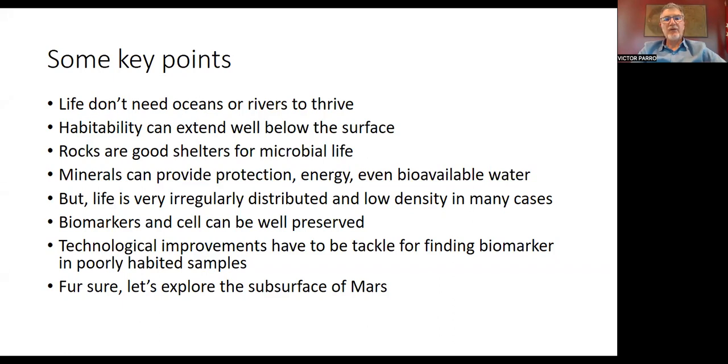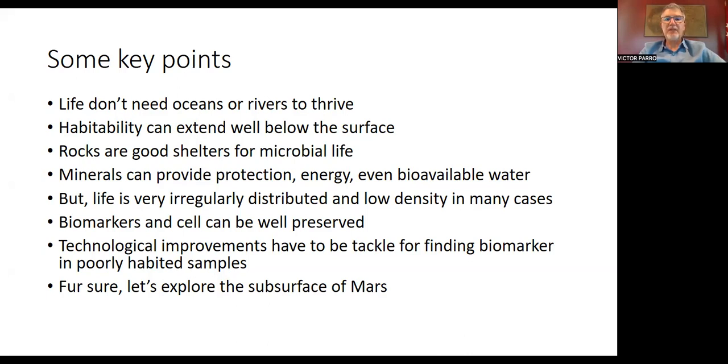Rocks are good shelter for microbial life, for sure, and they prefer biofilms as a way of living. Minerals can provide protection, energy, and also bioavailable water. But one important thing is that life is very irregularly distributed and has very low density, and sometimes it's very complicated to identify.